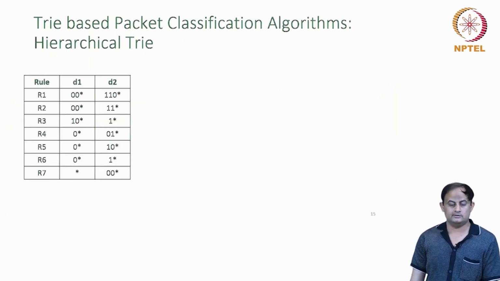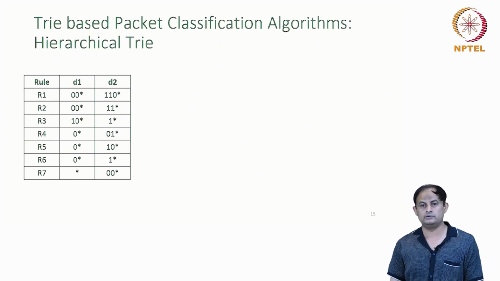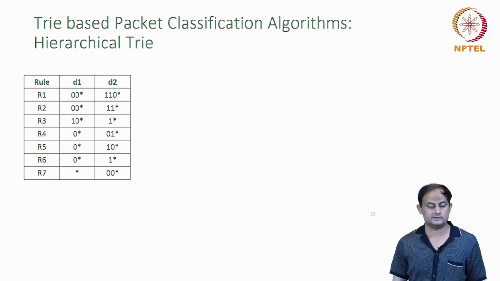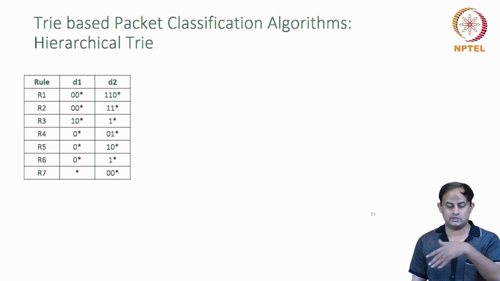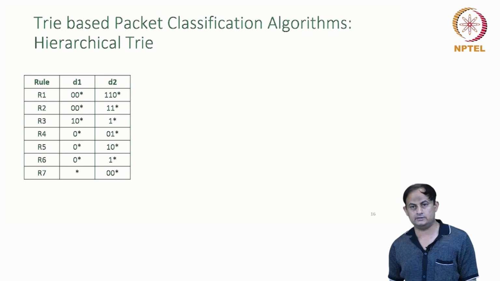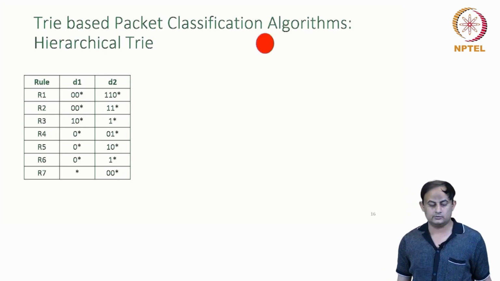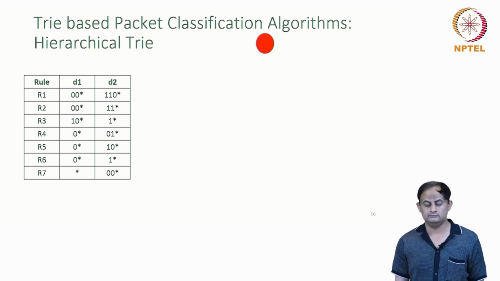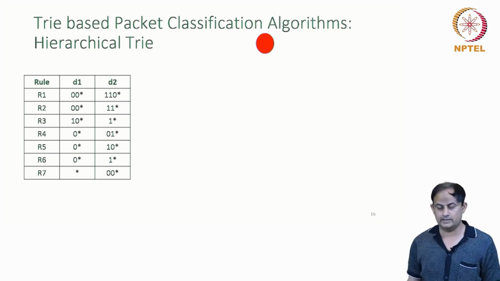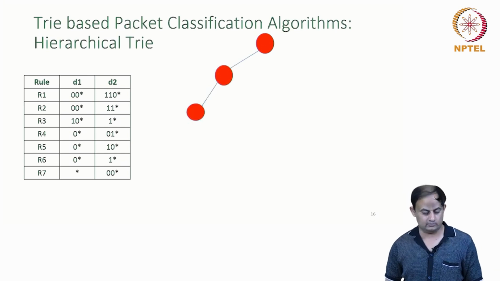Here is a classifier with 7 rules, and there are only 2 dimensions just for the sake of simplicity. R1 is 0 0 star and then 1 1 0 star. Let's try to construct the hierarchical trie for this classifier. As usual, I take one dimension and build a binary trie, and 0 0 star is the one that I want to build.